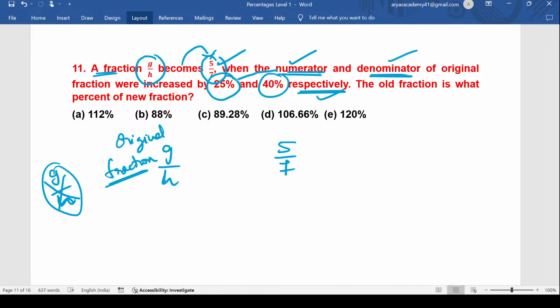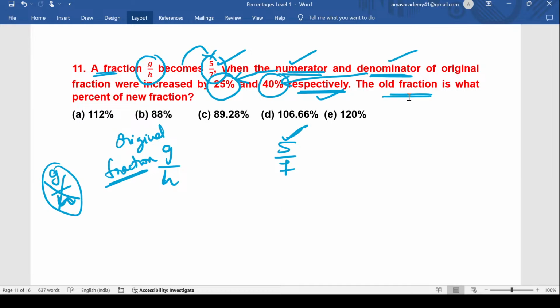So the first percentage corresponds to the numerator, that is 25%, and the second word, denominator, corresponds to the second percentage, that is 40%. So indirectly they are stating that the numerator of the original fraction was increased by 25%, and the denominator has been increased by 40%. That is why the original fraction has become 5 by 7 after the changes.